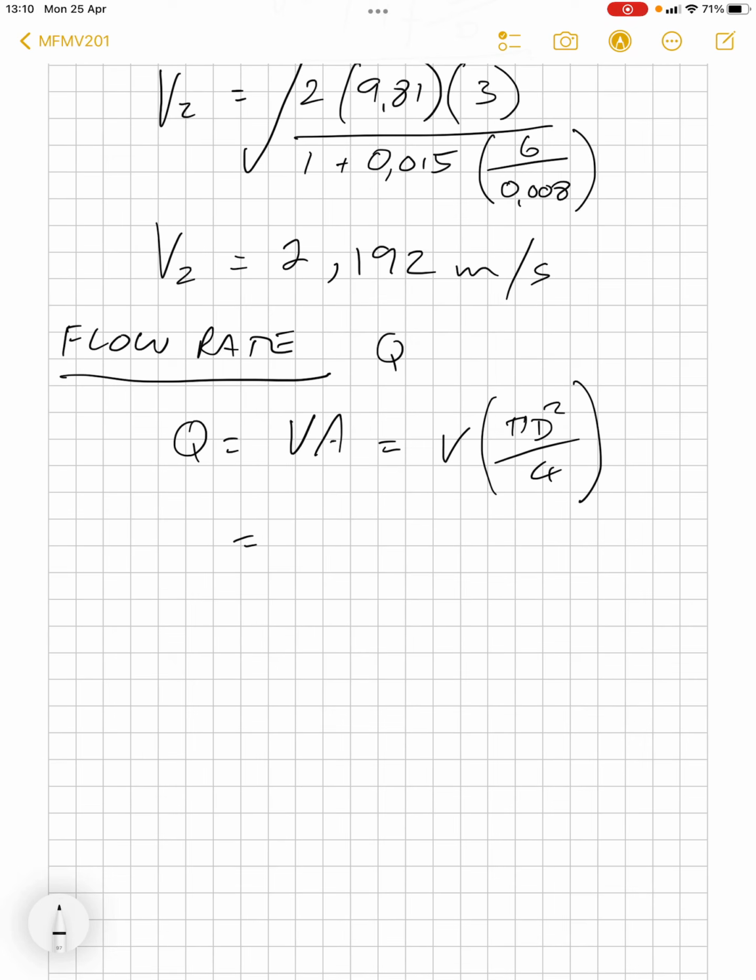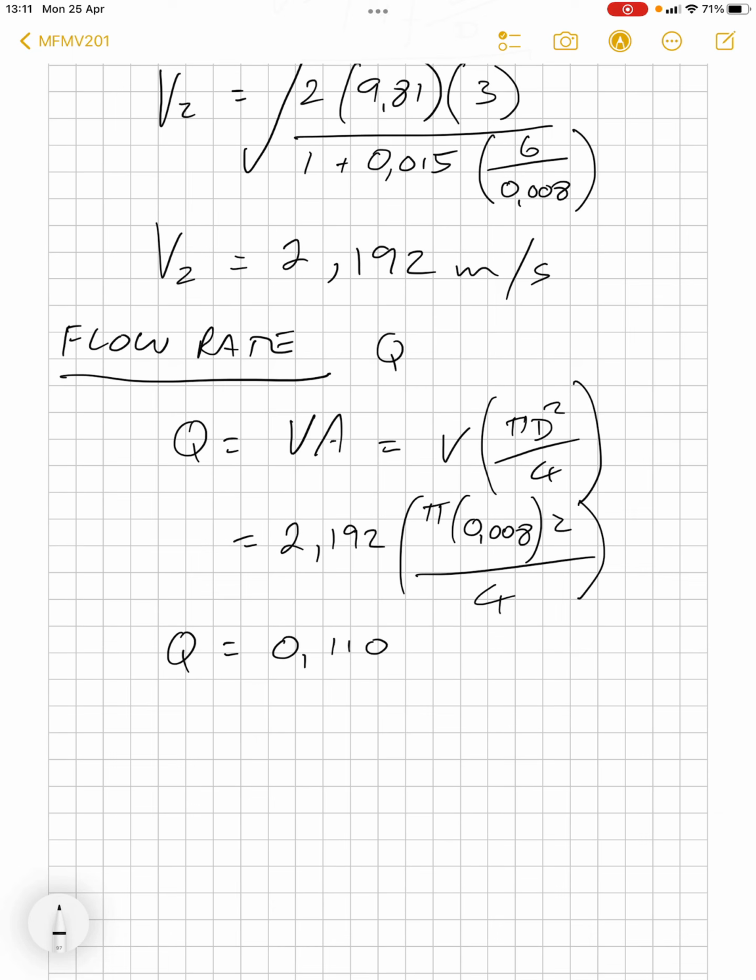So therefore, we can say the velocity, which we just calculated as 2.192 meters per second, times the area, which is pi times 0.008 squared over 4, will give us our discharge of 0.11 liters per second. Alright, so those are the two values that we were asked to calculate.